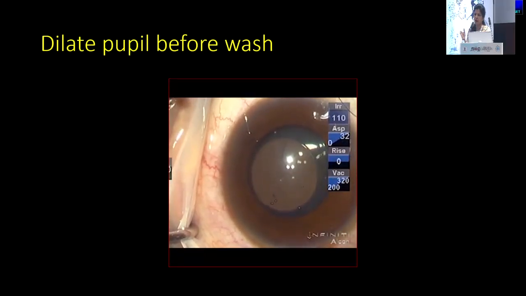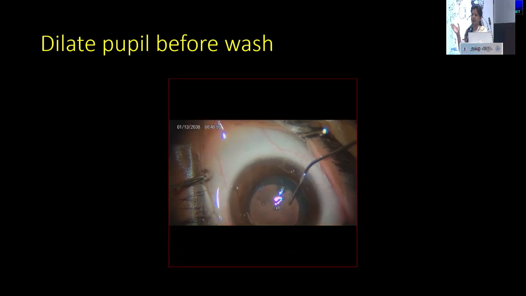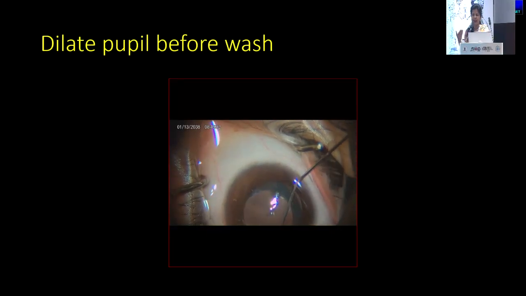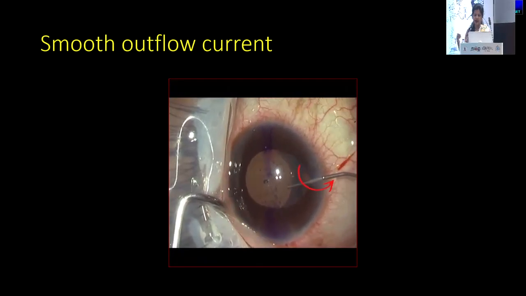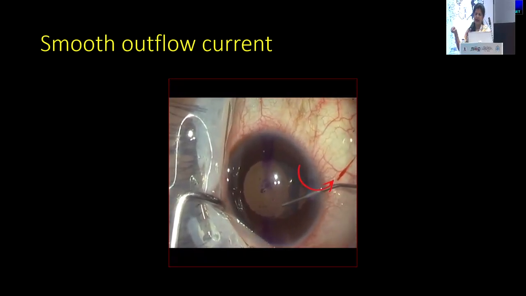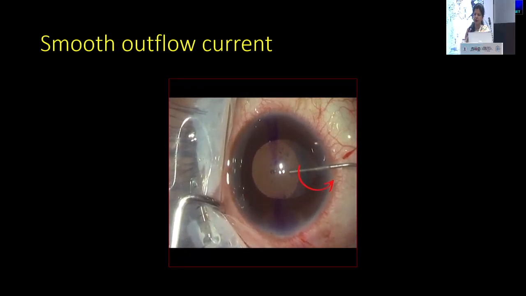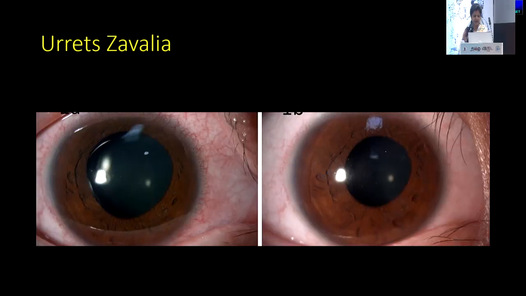So it's not only pre-operatively, but after placing the ICL also, you may need to dilate the pupil once more to make sure that the flow of fluid from beneath the ICL is very smooth and a channel is created so that there is no disturbance of the iris at that point. So you can see that kind of a flow from beneath the ICL through the port should exist, and pupil dilatation is important for that.